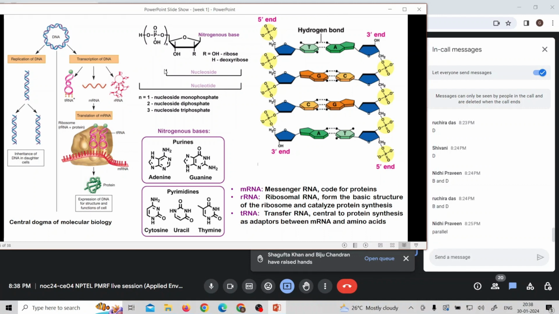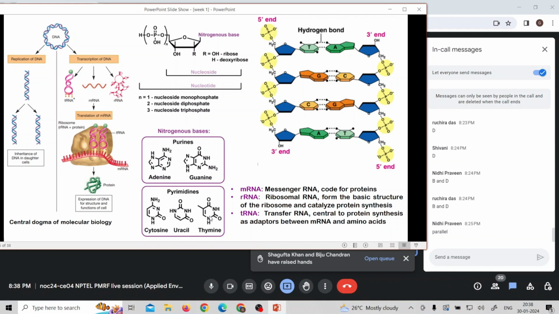Coming back to this DNA, you can see that we have two nitrogenous base classifications, which are purines and pyrimidines. Purines are two-membered rings, whereas pyrimidines have only one ring. Adenine and guanine fall into the purine category, and cytosine, uracil, and thymine fall under the pyrimidines category.